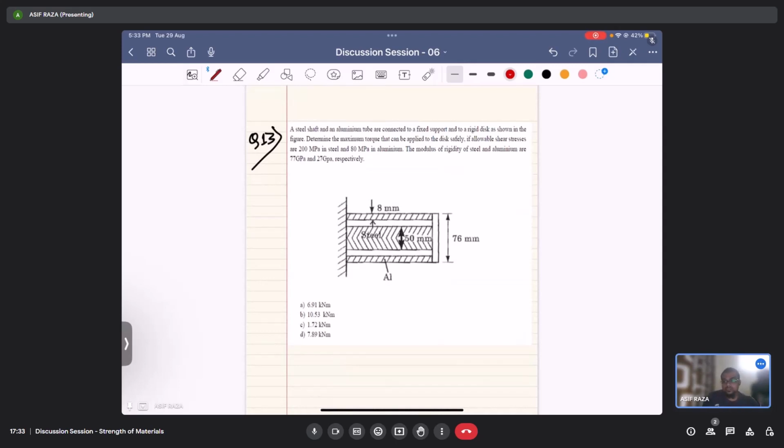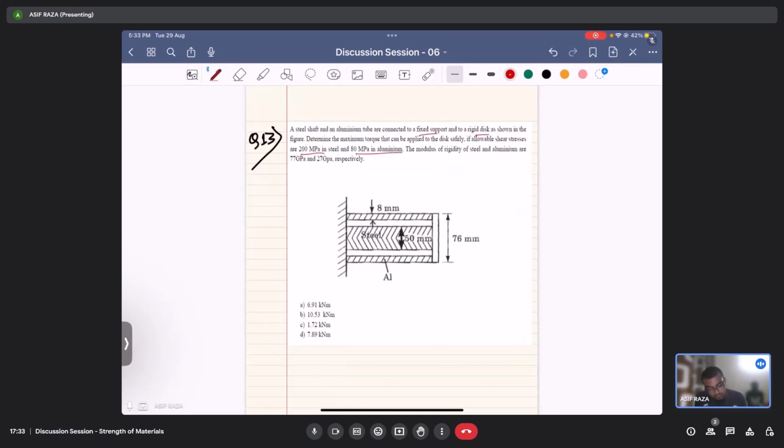So let's solve this. The question is, a steel shaft and an aluminium tube are connected to a fixed support and to a rigid disc as shown in the figure. Determine the maximum torque that can be applied to the disc shaft T if allowable shear stresses are 200 MPa in steel and 80 MPa in aluminium.